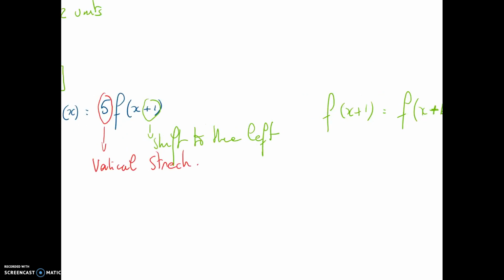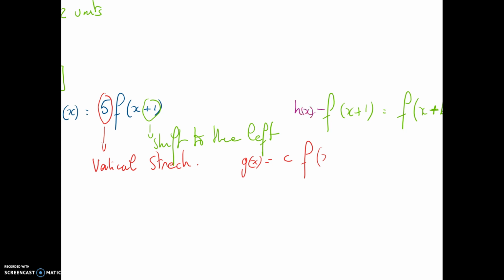Now, again, the red: it's about vertical stretch because it makes you think about g of x equal to c f of x plus 1. Or I'm going to call f of x plus 1 a function h of x. Okay?